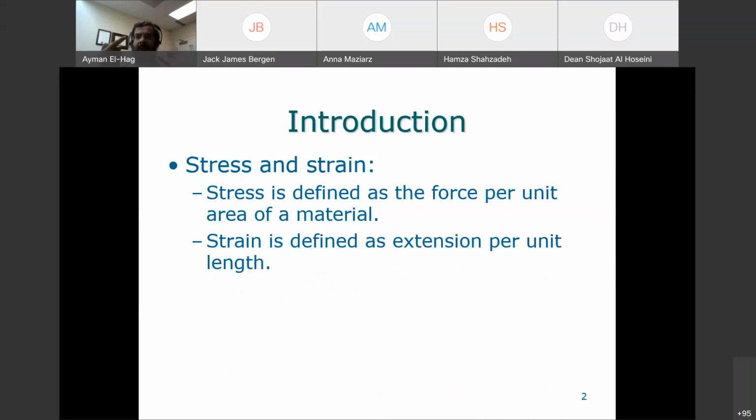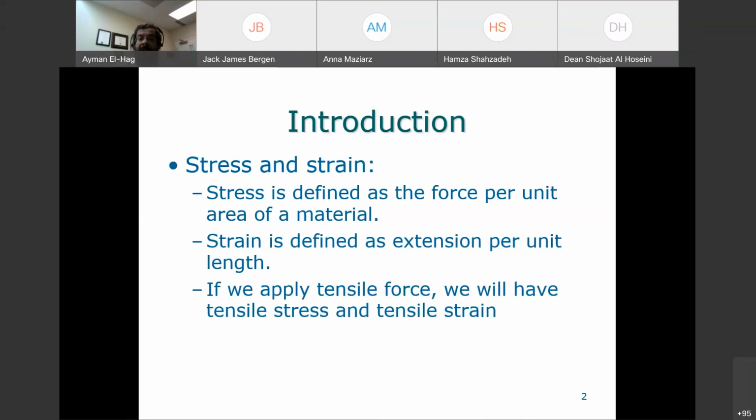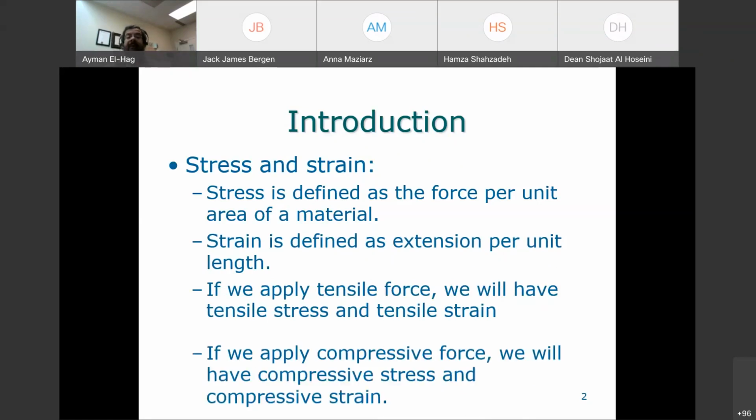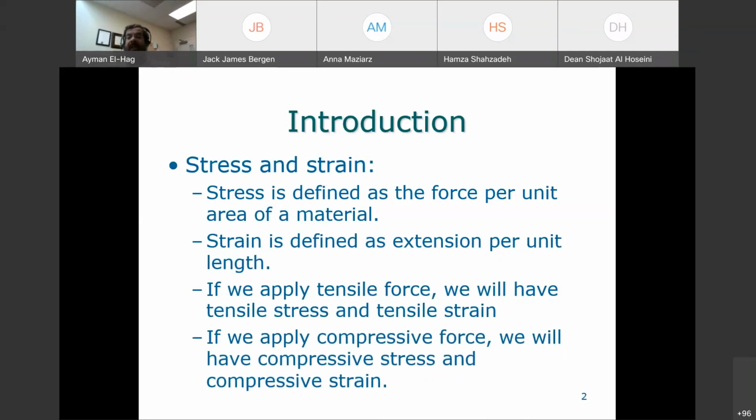Now, if we apply a tensile force, then you will have a tensile stress and hence a tensile strain. Vice versa, if your force is a compressive force, then you will have compressive stress and compressive strain.